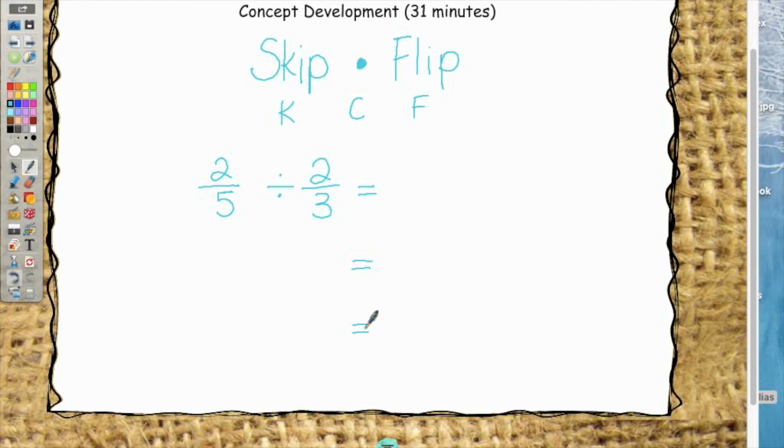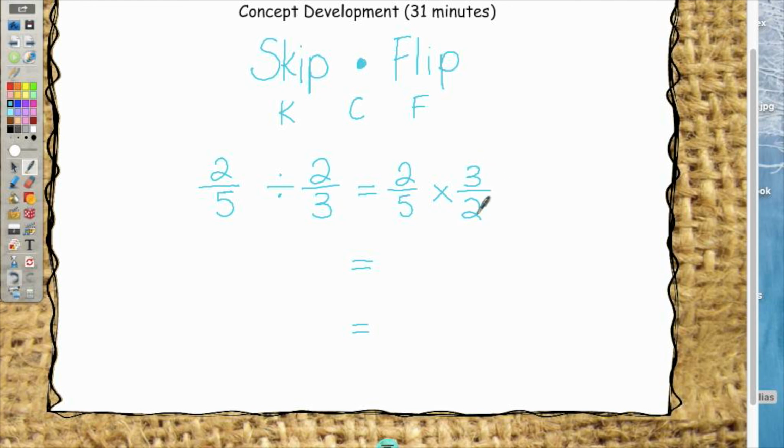So, Samaja, what does the skip mean? Keep the 2/5. Don't change it. What does the dot mean, Nikayla? Multiply. What does the flip mean, Elizabeth? Turn 2/3 into 3/2.